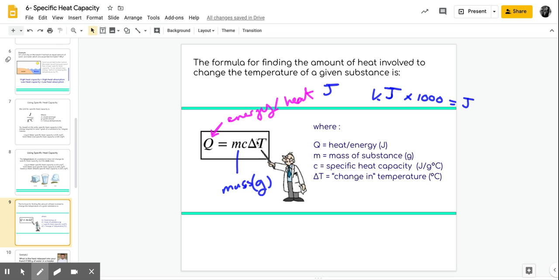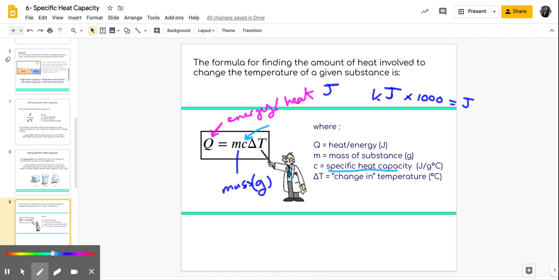Okay. Now, that specific heat capacity I was just talking about on the last slide, the 4.19 and 2.00 and 2.02, that is a constant that is almost always given to you unless you're solving for it, or you find it on your periodic table, and that is the specific heat capacity. Okay, so we represent that with a little c.